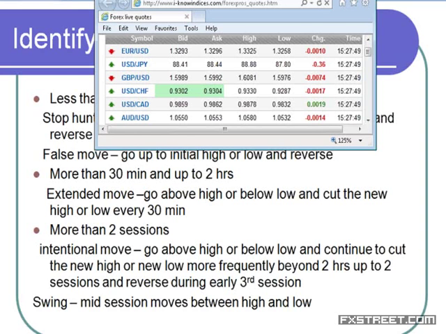And yet another type of move which is referred to as the extended stop hunt. So an extended move is for 2 hours for about 30-40 pips or sometimes 60 pips. But an extended stop hunt is for about 150 pips. And you know that during the closing of the year, they made the drop in euro from 1.3150 to 1.30 level, and that was an extended downward stop hunt.